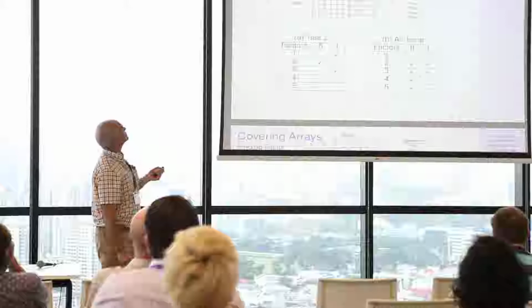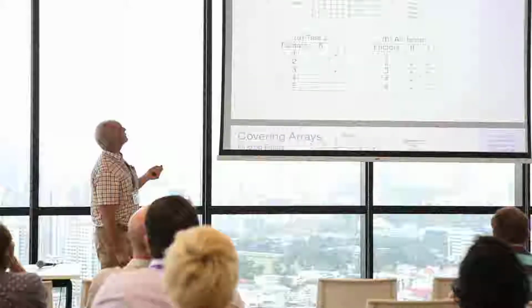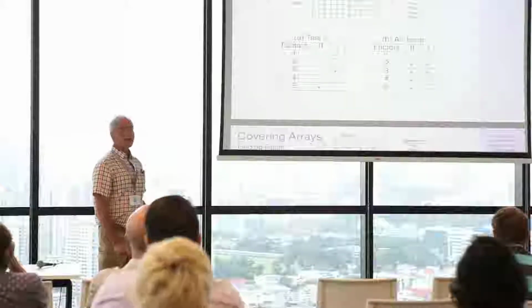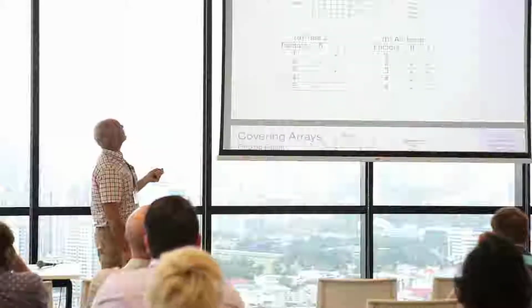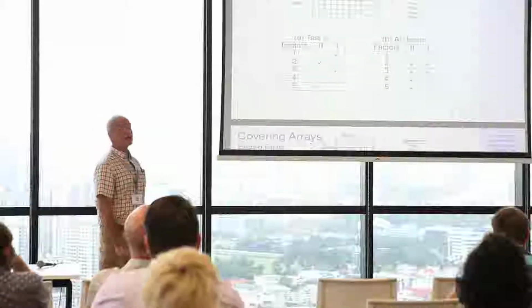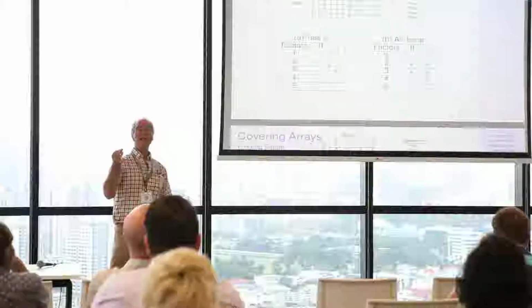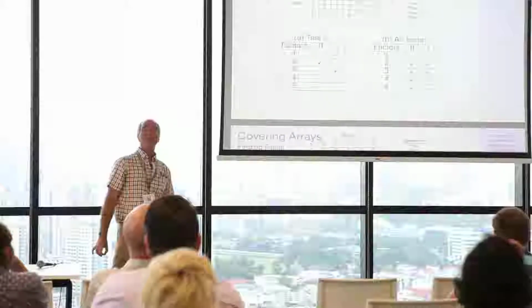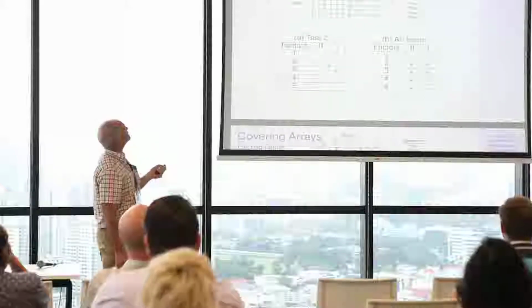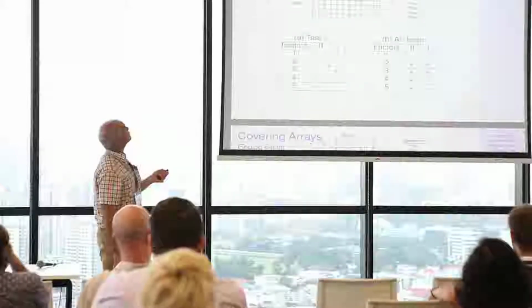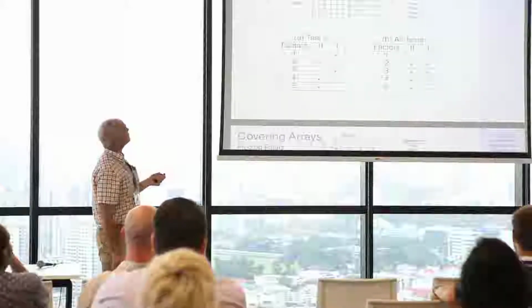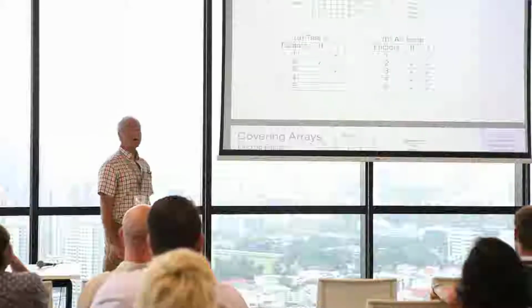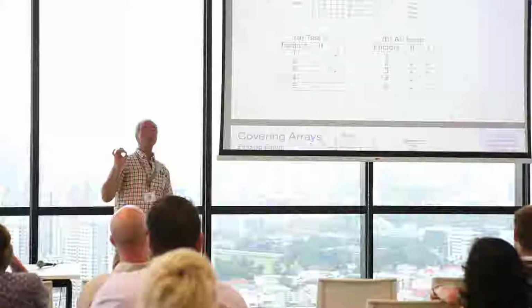Well, let's just look at what test 2 tells me. Test 2 passed. So that means that if factor 1 is set to level 1, that can't possibly be causing a fault. Otherwise, that test would have failed. So I can go through test 2 and say, because it passed, these values for the corresponding factors definitely must be okay.